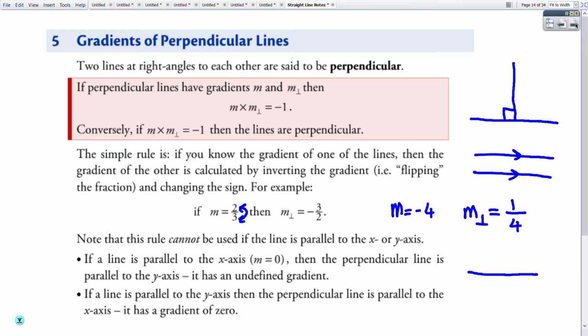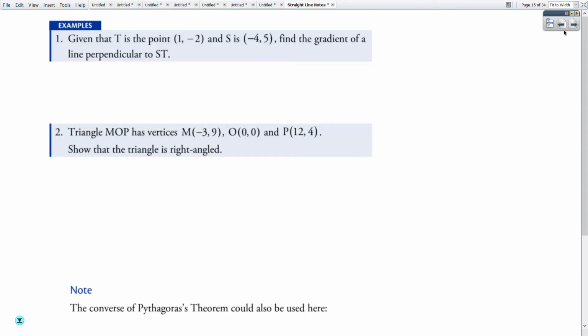Okay, so let's look at some examples here. So this first one, given that t is the point (1, -2) and s is (-4, 5).